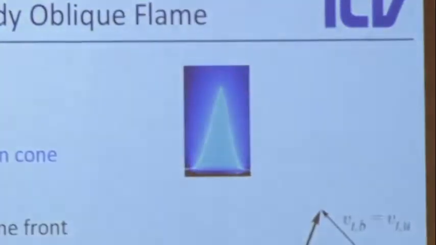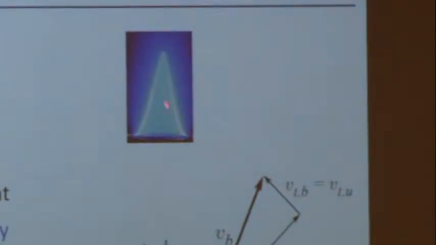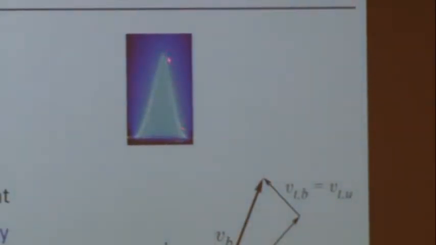That's one thing you could do, but it's not so accurate, because maybe it's not exactly a straight line here. There are things happening here. You have heat losses to the burner, which change the local enthalpy and the burning velocity.